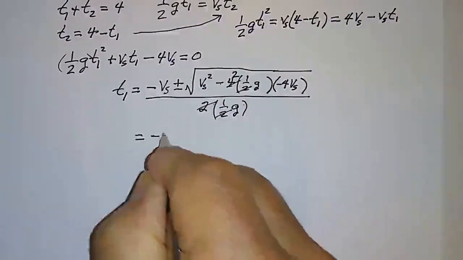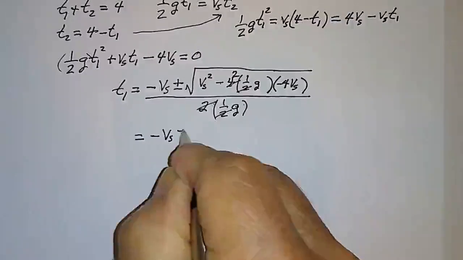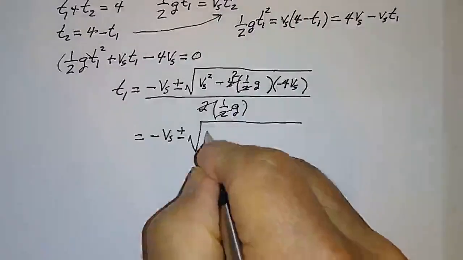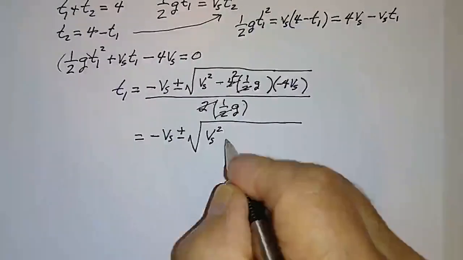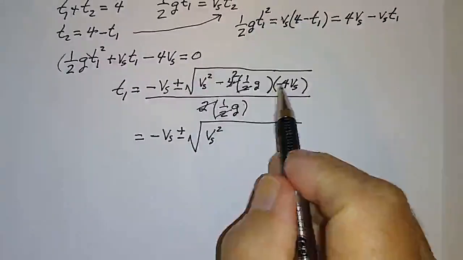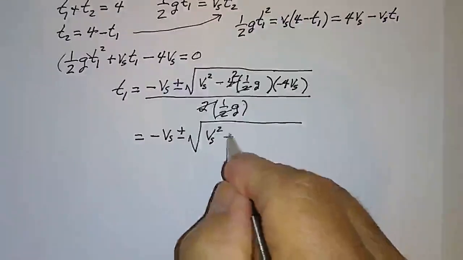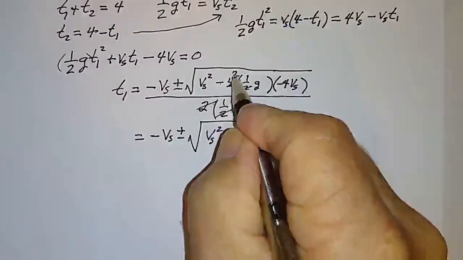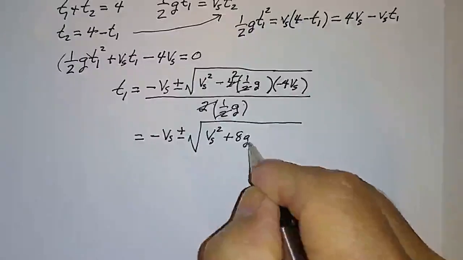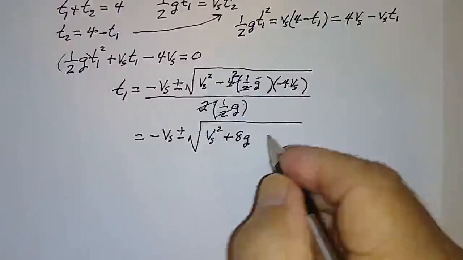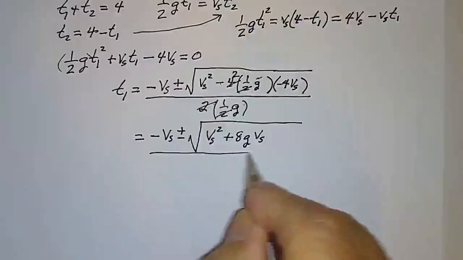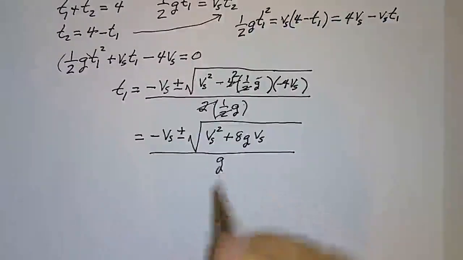This is equal to minus v sub s plus or minus the square root of v sub s squared. Let's see, a minus times a minus is a plus. 2 times 4 is 8, so I have plus 8 from that term and that term, times g from that term, times v sub s. And all of this is over g.